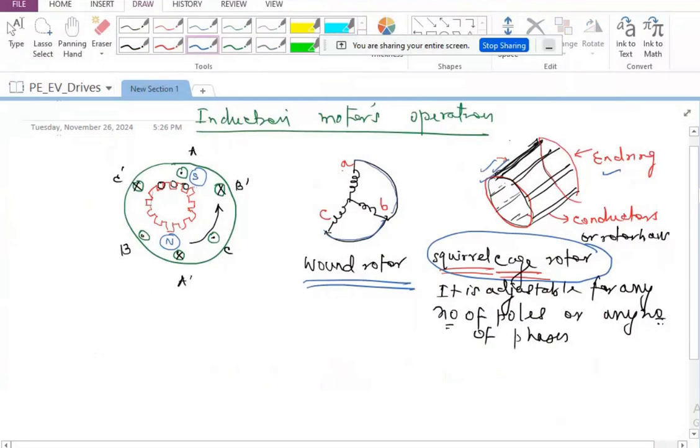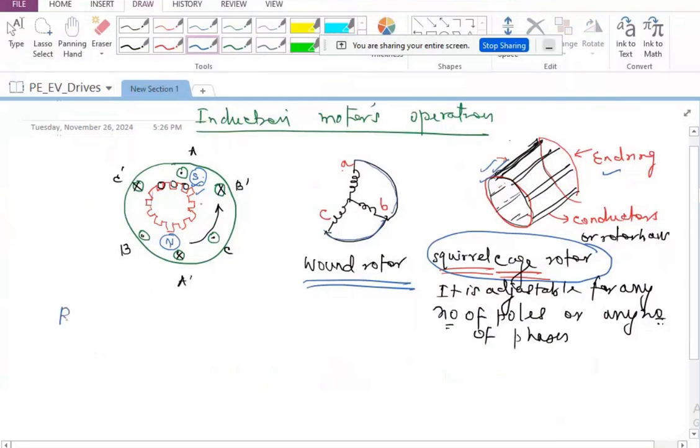The rotor conductors are on the surface of the rotor. They are going to look at this magnetic field. So what they visualize is a varying magnetic field. Sometimes they will see a south pole, sometimes a north pole, sometimes a magnetic field of lower strength, sometimes a magnetic field of zero strength.